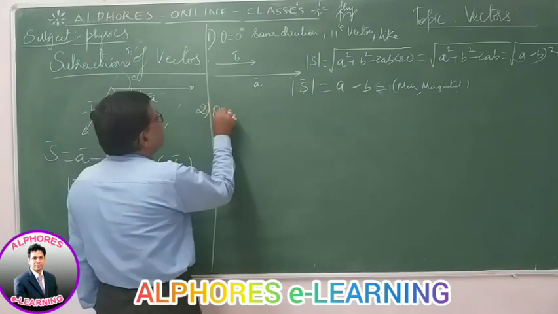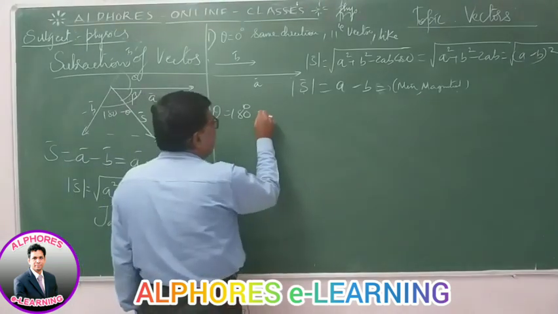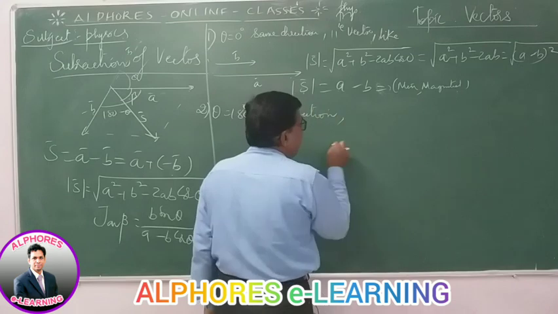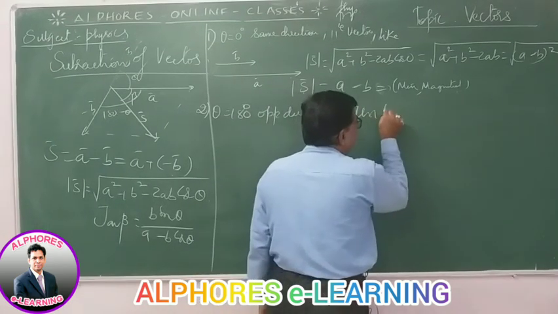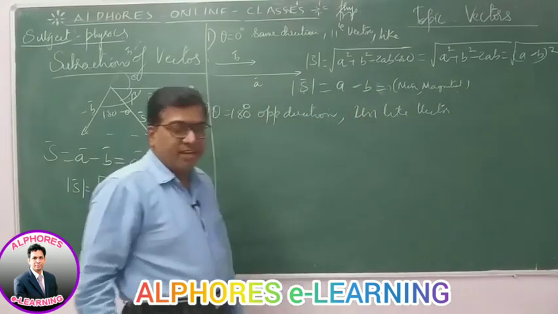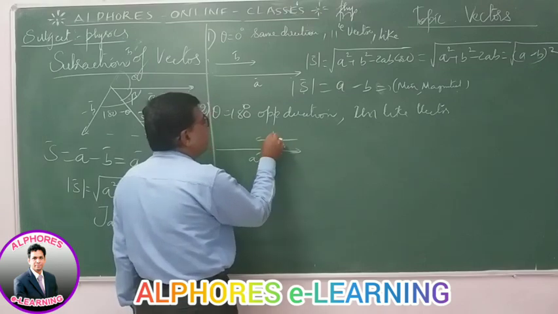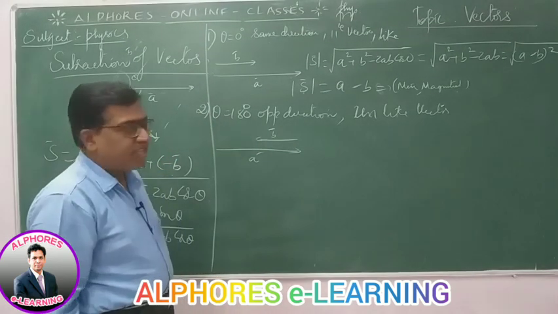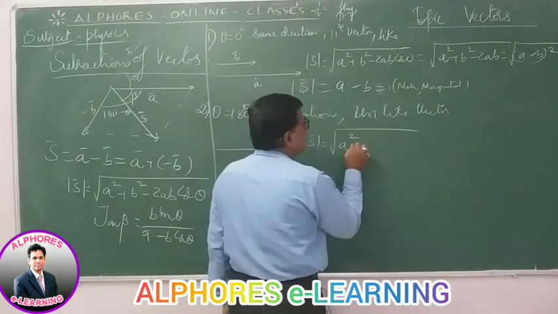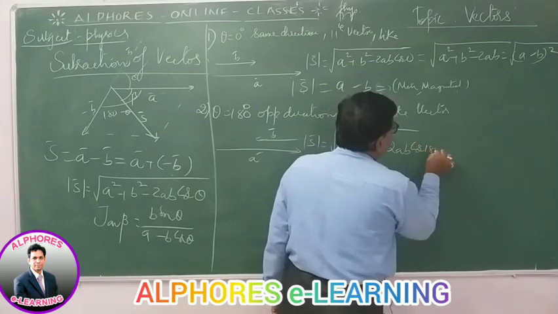Similarly, if theta is equal to 180 degrees, that means they are in opposite directions, anti-parallel or unlike vectors. A bar is like this, but B bar is in the opposite direction. Then what is the subtraction magnitude? We know the formula: root of A square plus B square minus 2AB cos 180 degrees.